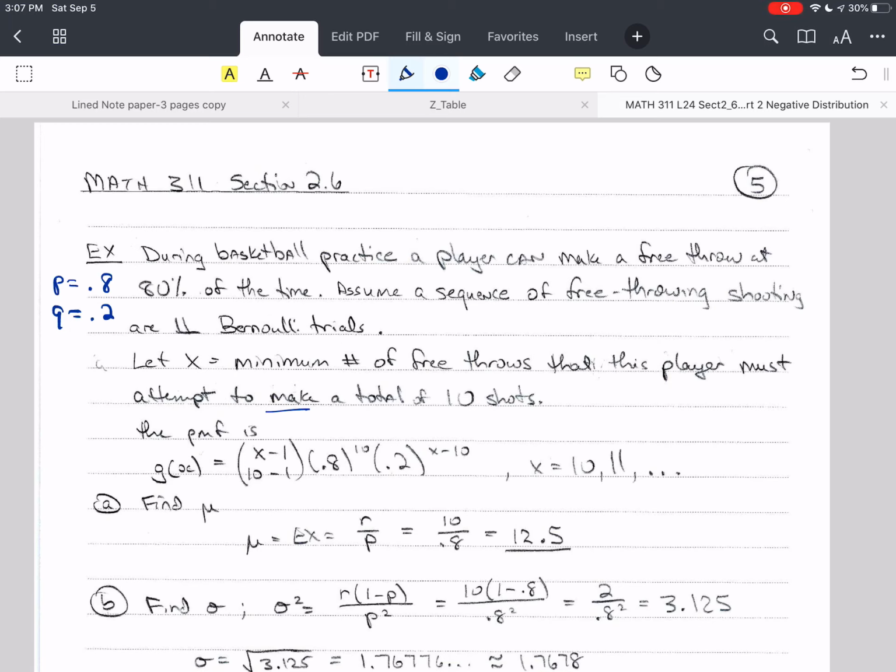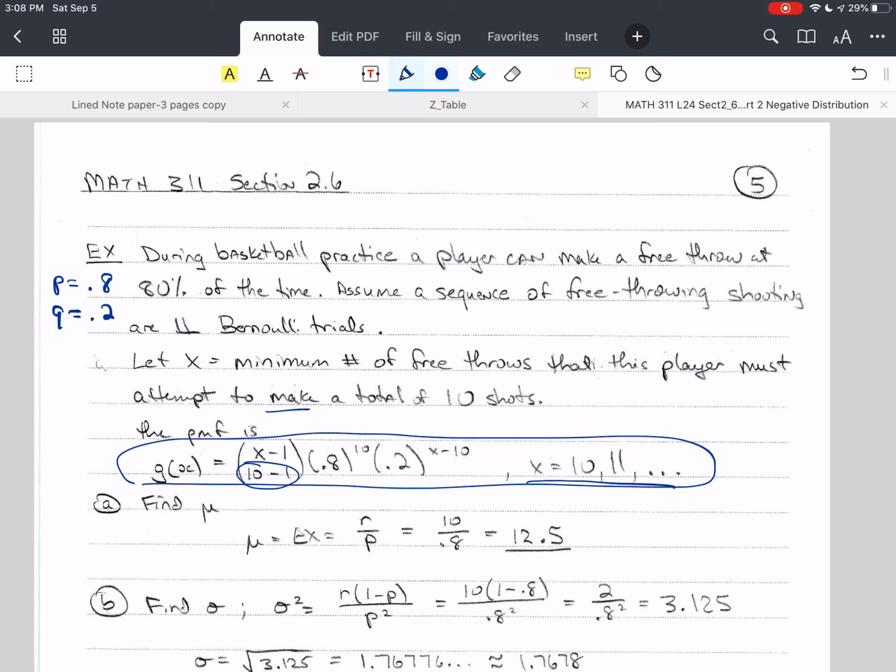Okay. So we plug in and get the PMF. That's the first step, is always write down your PMF. And remember to include the range of X, or the support of X, in your answer. And I should have simplified this to 9. So please do that. I shouldn't have left it like this. I apologize. I like to leave this in the form that I want you to do.